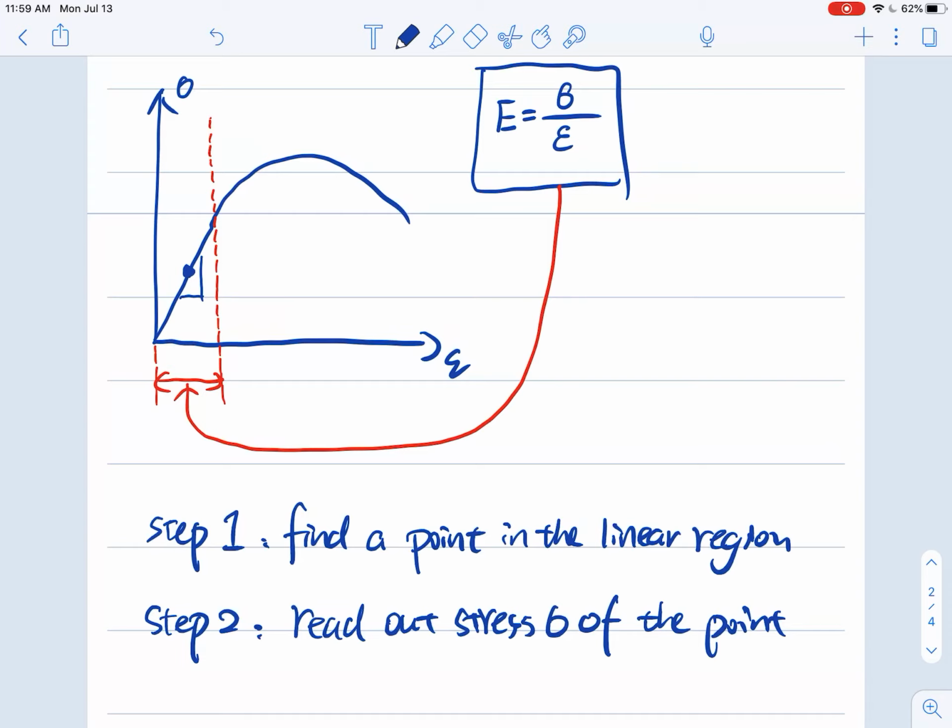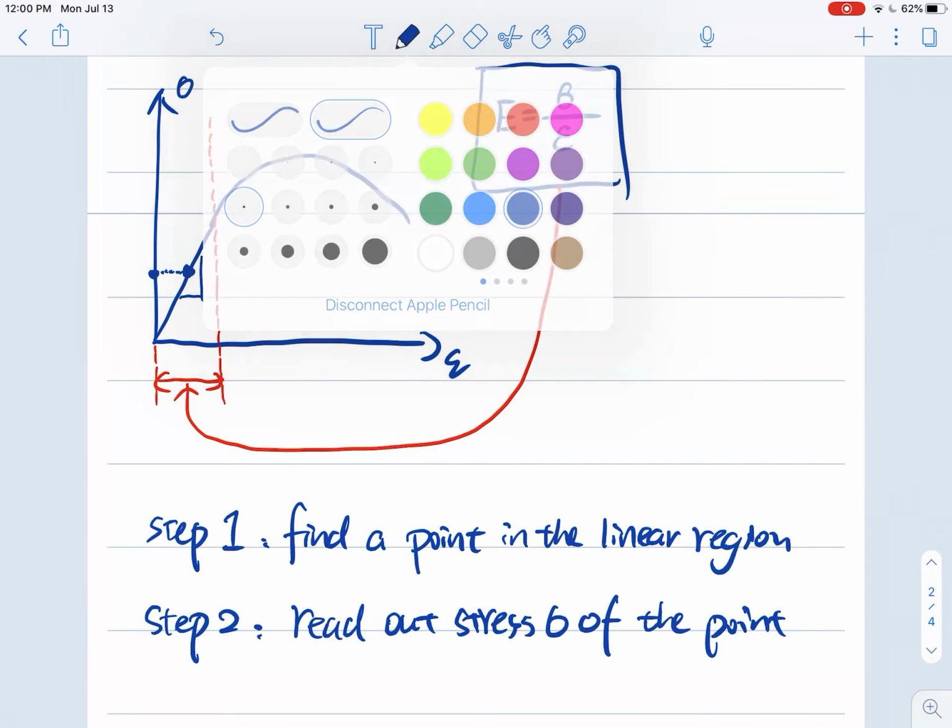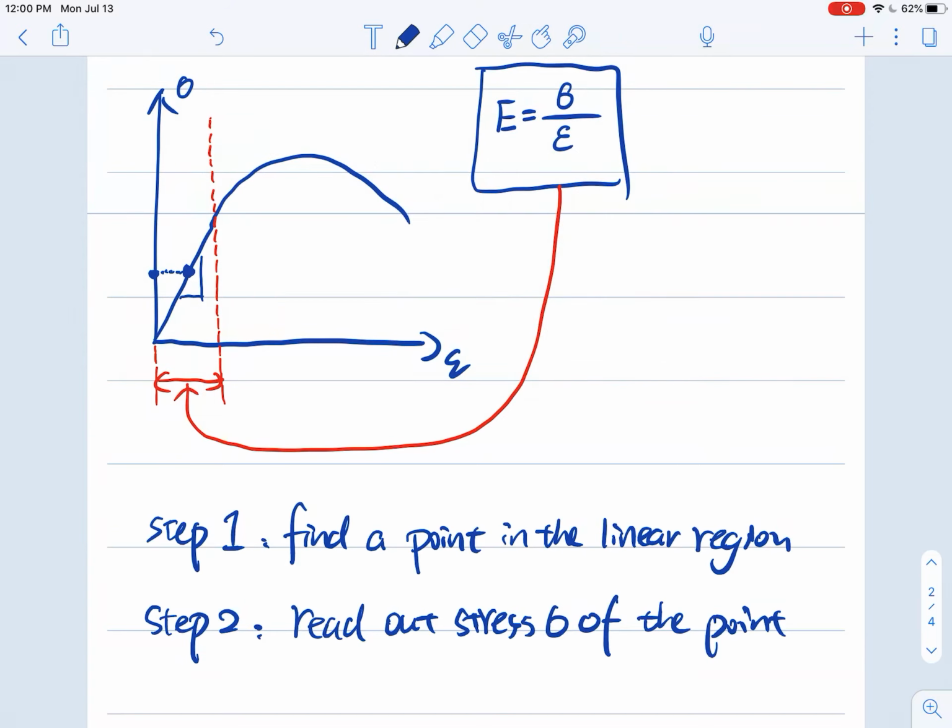In order to read what's the stress of that point, you just need to draw a horizontal line past that point and find out what is the reading at that point. Let's give this diagram some numbers here: 0, 100, 200, 300.